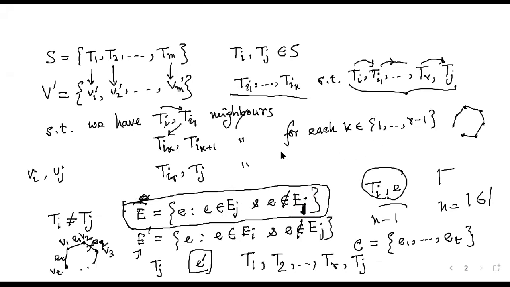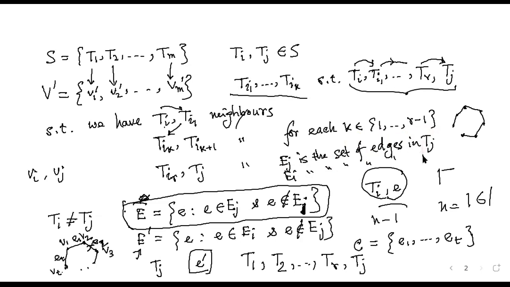So Ej is the set of edges in Tj, and Ei is defined in the same manner.